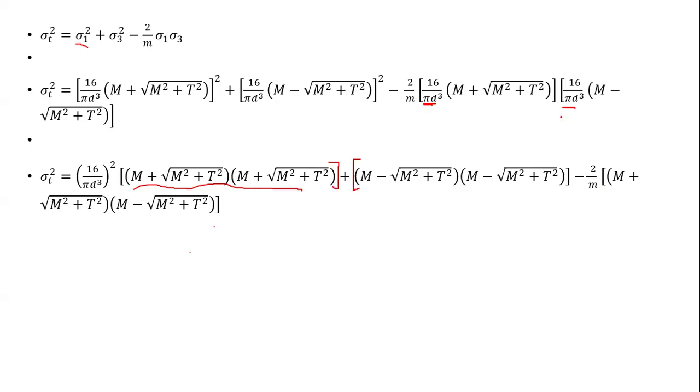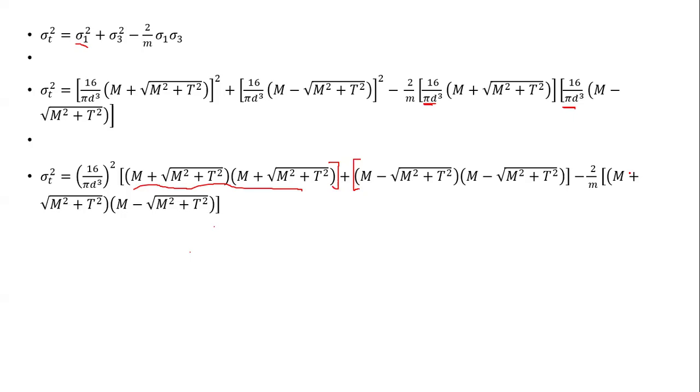And then the other side, it's just like that. We have m plus root of m squared plus t squared, then m minus root of m squared plus t squared. The 2 over m remains like that. While here, we multiply the 2 with their difference in the sign in between. So this is minus, the other one is plus.